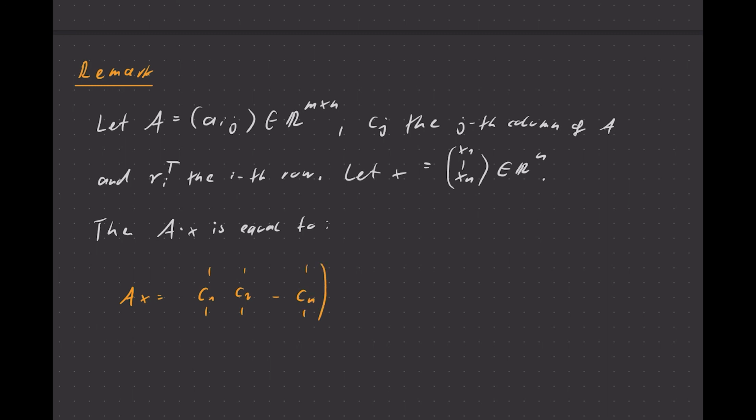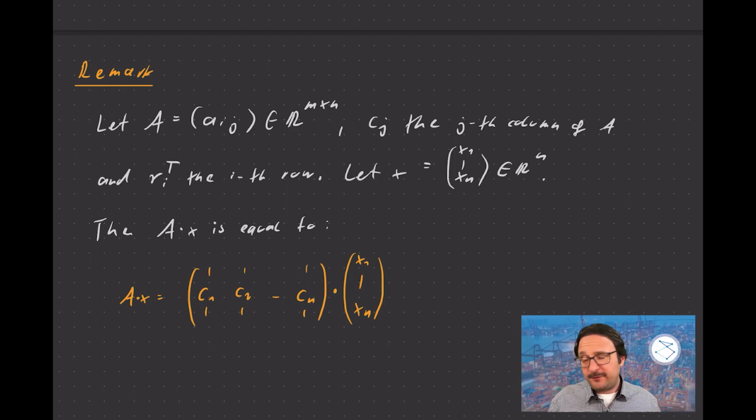This is the matrix A. And then we have our vector x1 to xn. Those are multiplied. And if we do this, we always take the first element of each row multiplied by x1, the second element of each row multiplied by x2, and so on, and we add up the result.